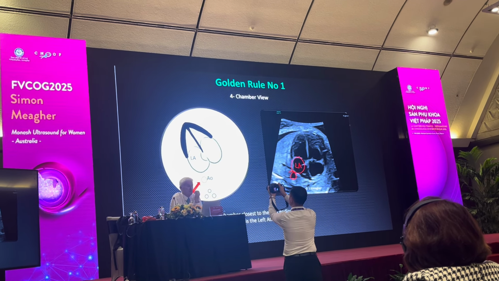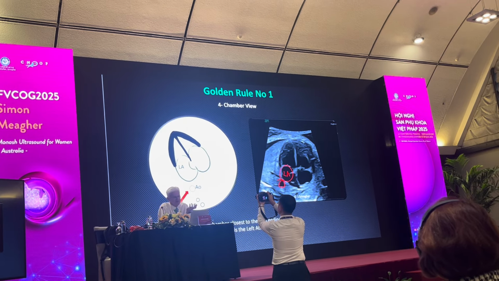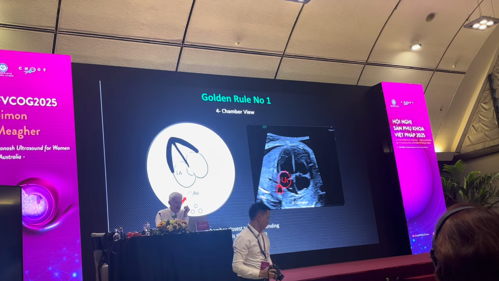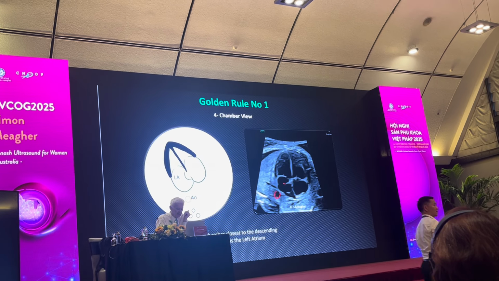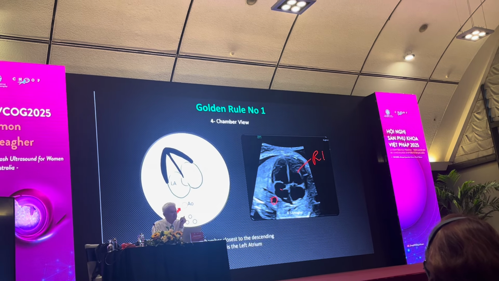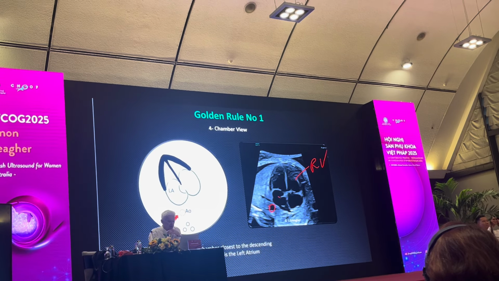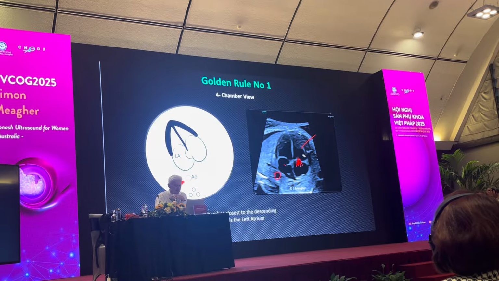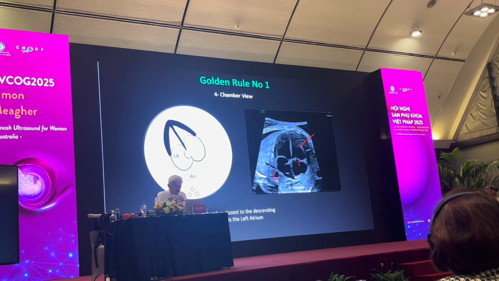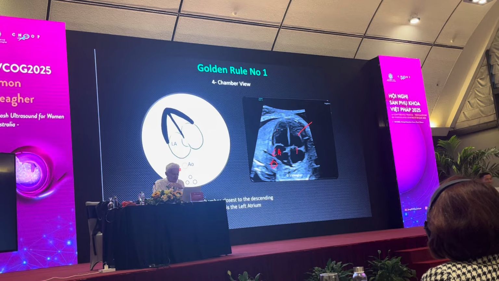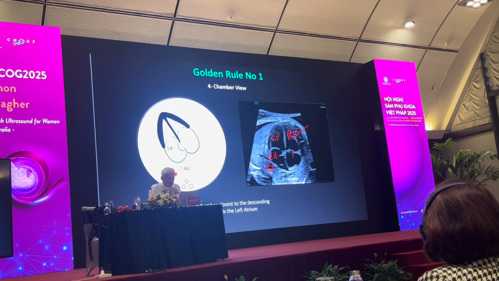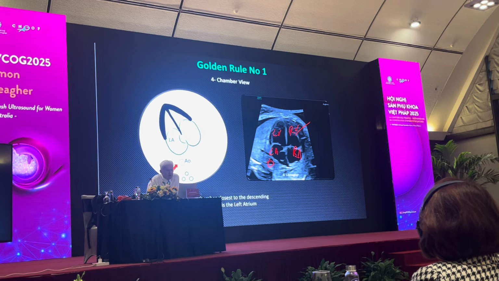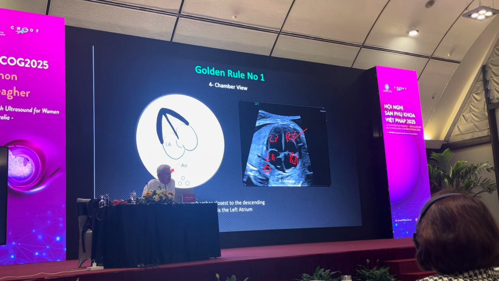That's very important because I don't need to look whether the baby is cephalic or breech or transverse. It doesn't matter. If I know that this is the descending aorta, I know that that's the right ventricle straight away. So if I see regurgitation here, I know it's the tricuspid valve. Why? Because this is the descending aorta, this is the left atrium, this is the left ventricle, this is the right ventricle, this is the right atrium. So straight away, without knowing any position of the baby, I know the chambers of the heart.